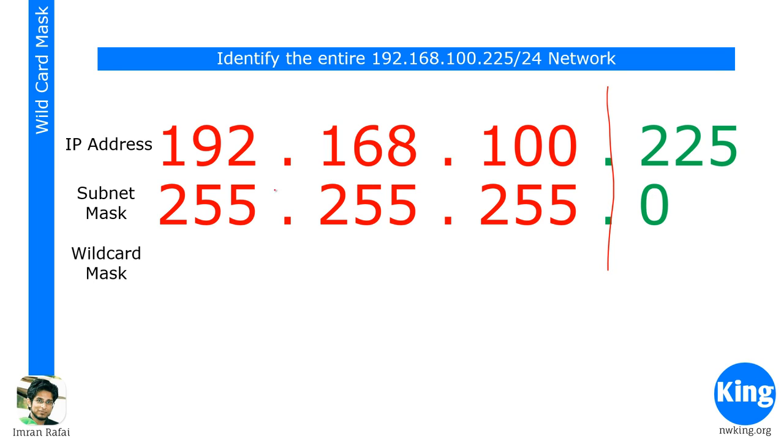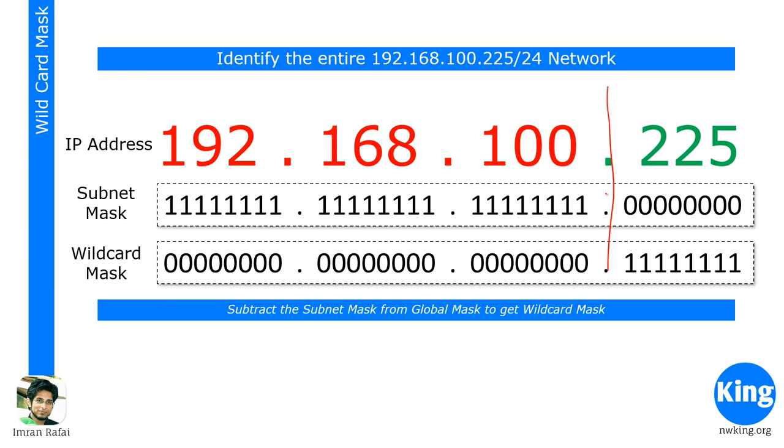So if you get an IP address 192.168.100.225 with a subnet mask of 255.255.255.0, this subnet mask helped us know the boundary where the hosts and networks are divided, right? And it helped us do a lot of things.